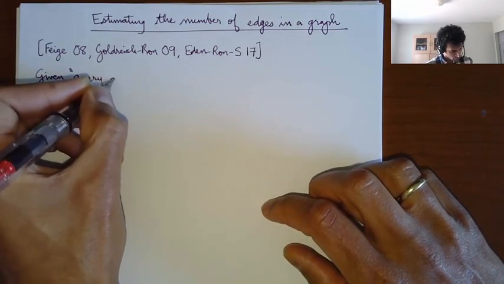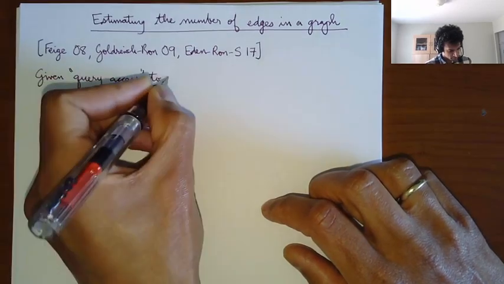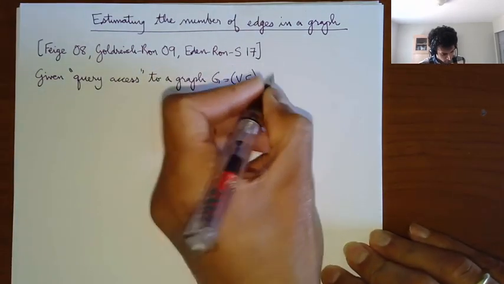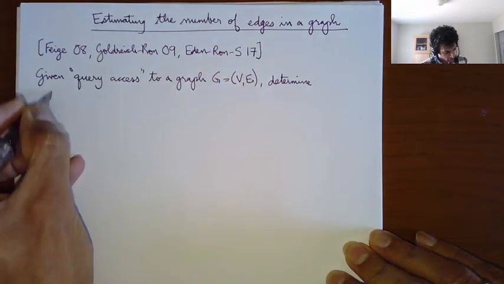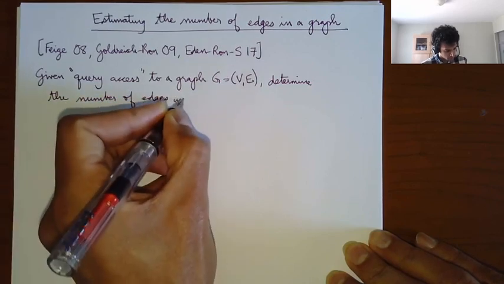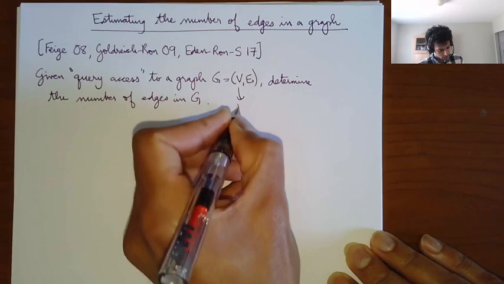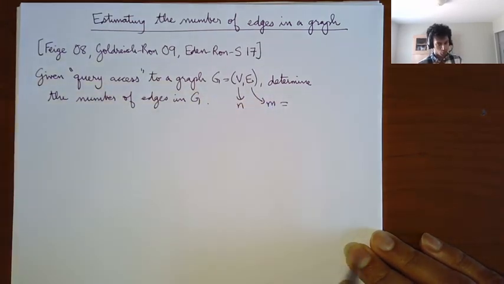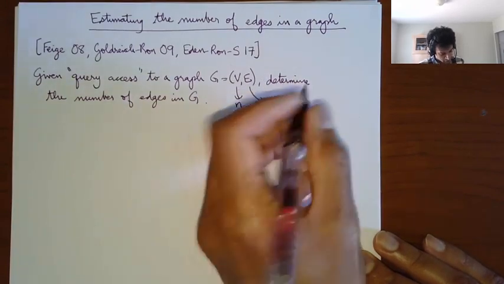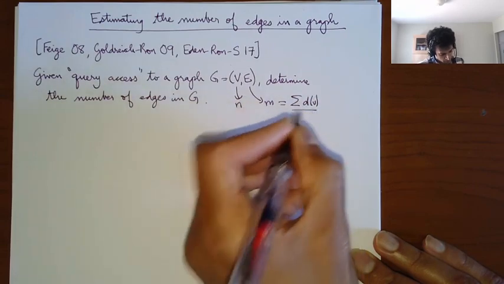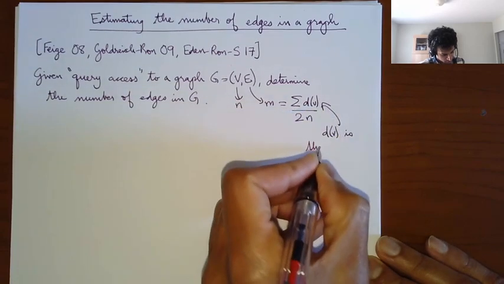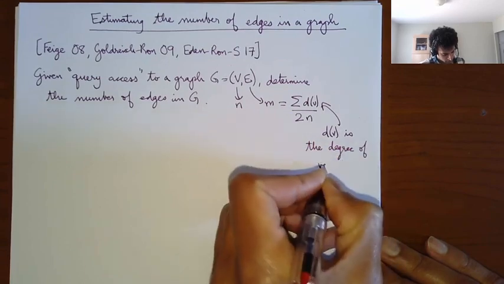Given query access to a graph, so we'll think of the graph as just simple and undirected, determine the number of edges in G. So I'll say the number of vertices is n, this is m, the usual, and obviously I can write m as the summation of d_v divided by 2 times n, where d_v is the degree of vertex v.